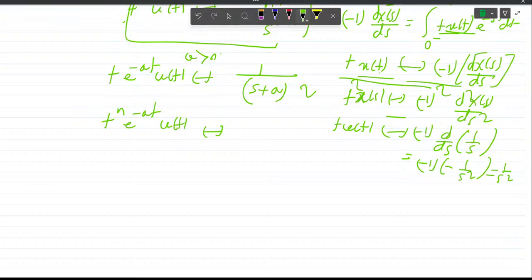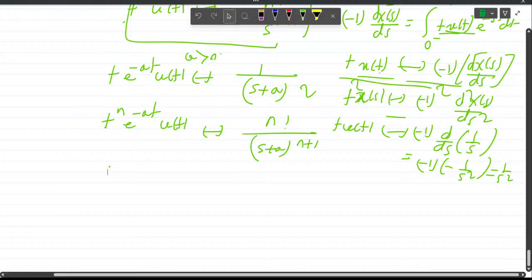You will have n factorial upon (s plus a) to the power n plus 1. This is the transform pair. And before that we have also considered sin at, cos at, e to the power minus bt sin at, e to the power minus bt cos at. Okay, this is over.